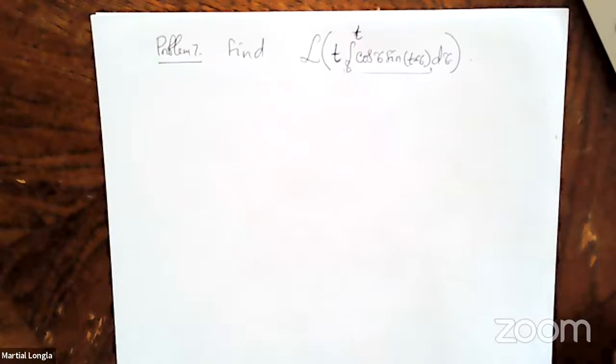You have a t outside the integral. How do you handle a t in a function? Did you just use the theorem given, which is the Laplace of t is equal to 1 over s squared? It's not t by itself, it's t times something.